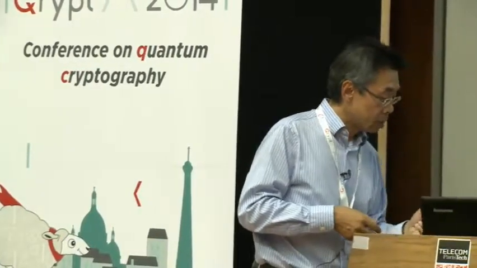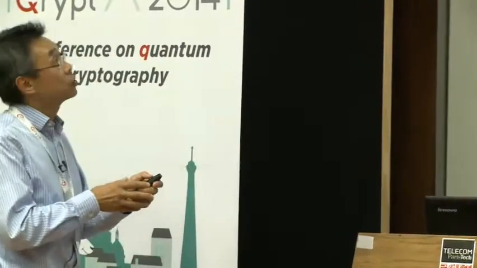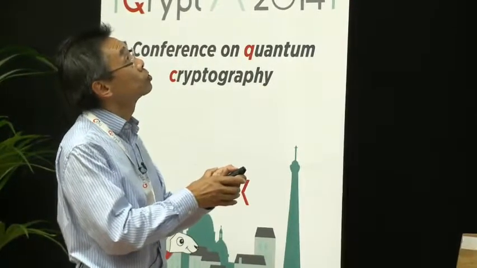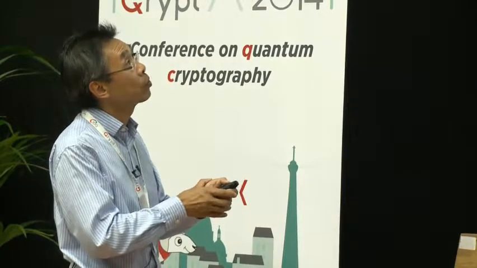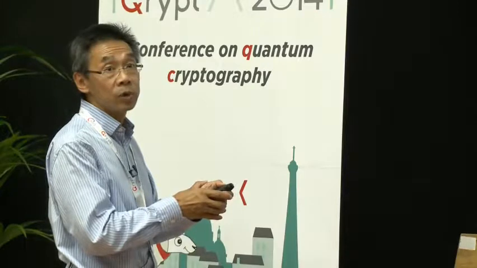And let me go to some results that we have done. So this is a schematic. You have the down conversion source, couple the light into a single mode fiber that you separate the signal and idler. Signal goes into here. We use a passive 50-50 beam splitter.